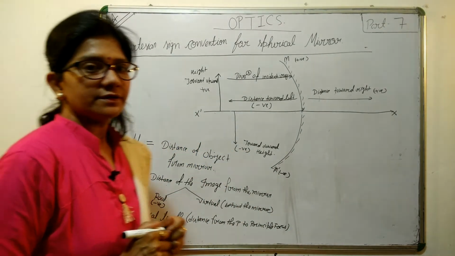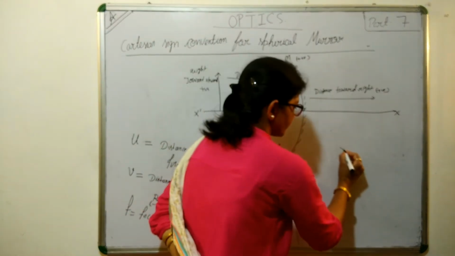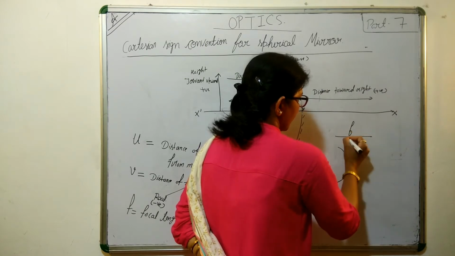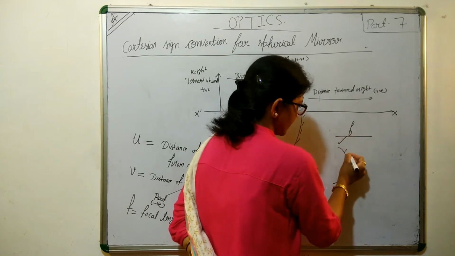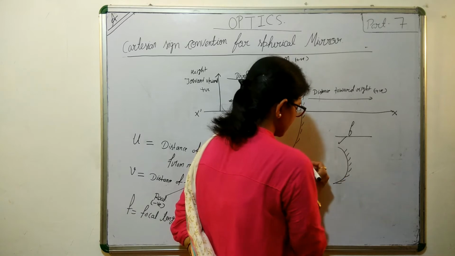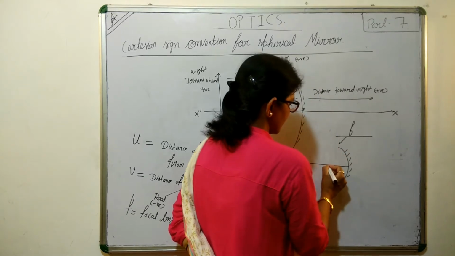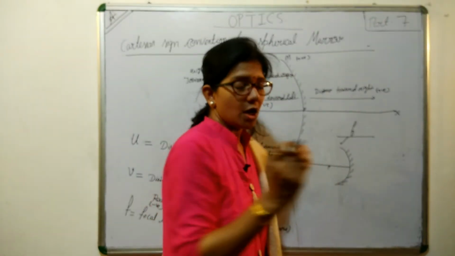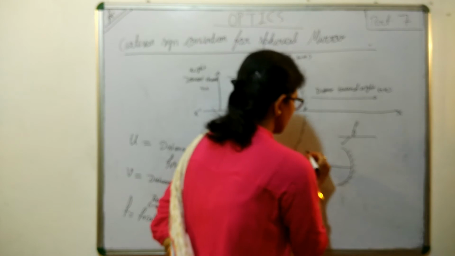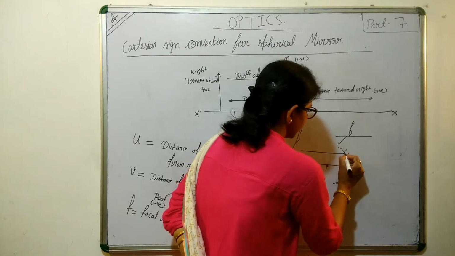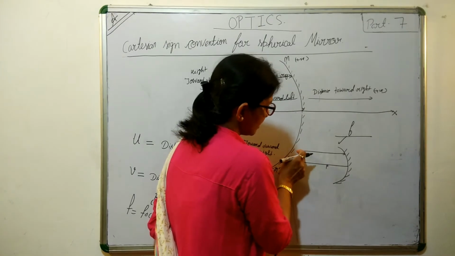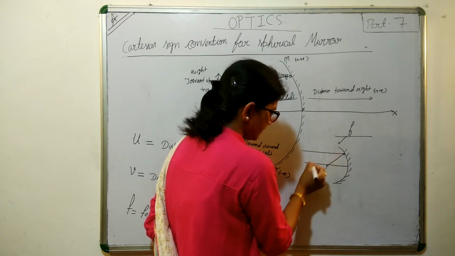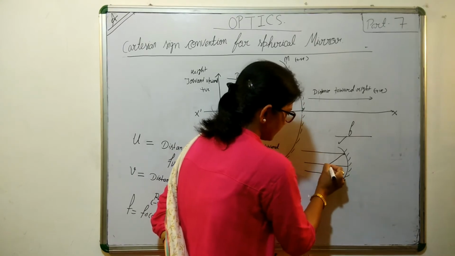In case of the concave mirror, just remember my previous class, the focus used to be here. What is the focus? The incident rays which are parallel to the principal axis, after reflection, meet at this point.